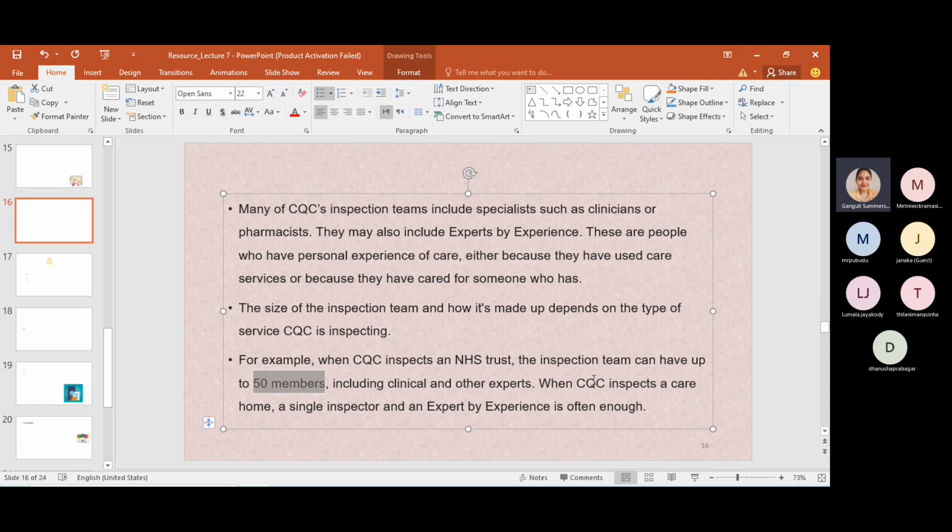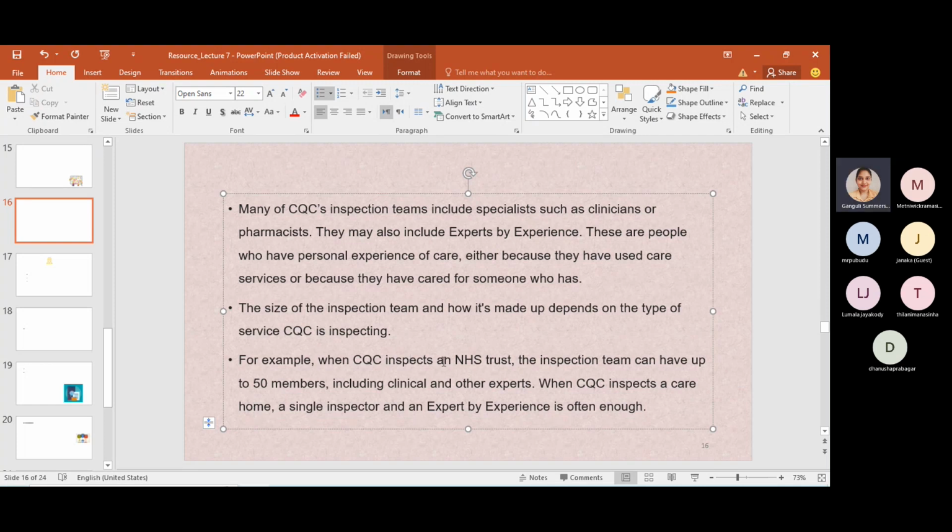But if the CQC is inspecting a care home, a single inspector and an expert by experience is enough. That means only 2 people are enough for the inspection team.